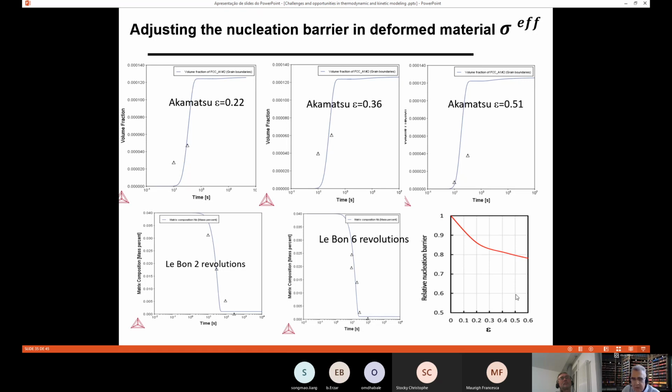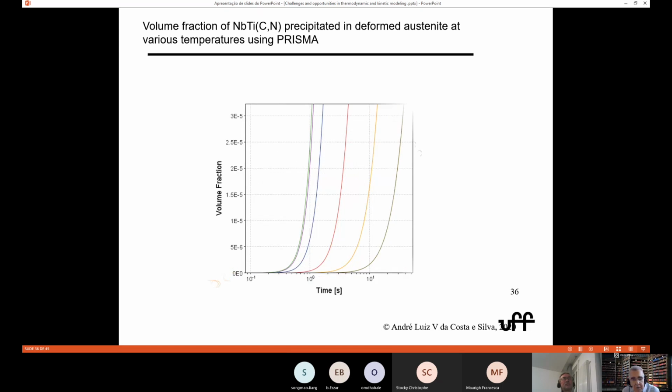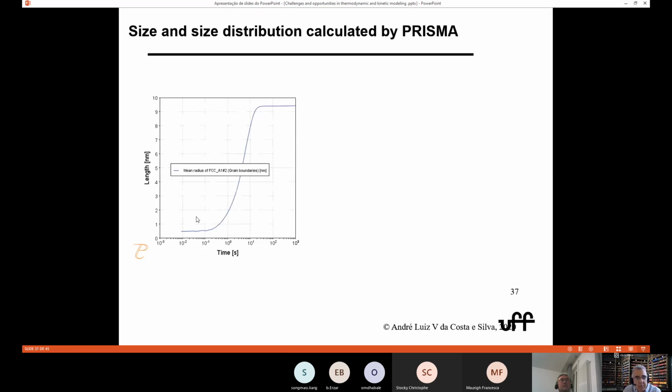So as you deform the steel, the nucleation barrier for the carbonitride decreases. And then I can calculate values that are very close to what Le Bon shows. And with these values, this is now volume fraction, sorry, I can also take 5%, for instance, of precipitation. And then I can make all sorts of interesting calculations.